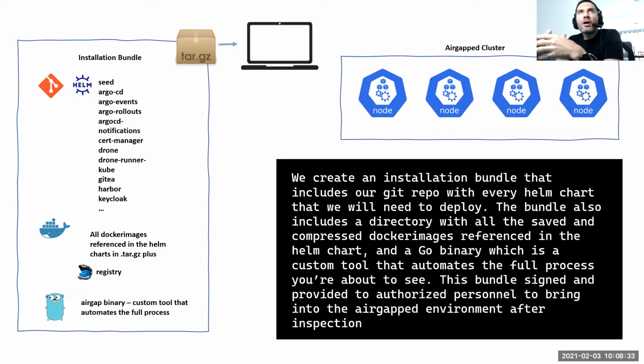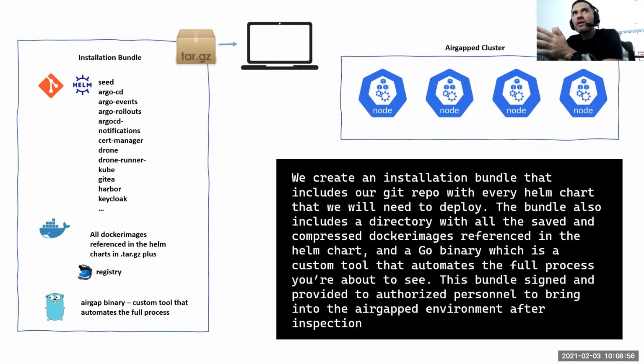We automated that process. We walk through the Helm charts and look up all the references. We build them and we tag them with the internal service name of the registry we're going to be deploying. I'll show that shortly, right? So we basically walk the Helm charts, pull all the images, tag them, and save them, right?